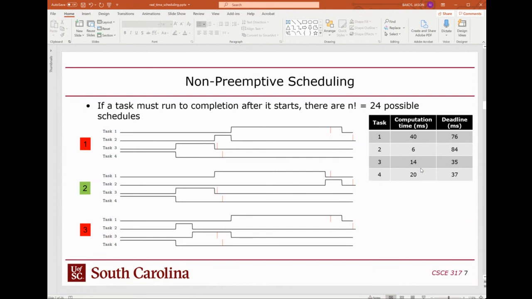There are 24 orderings that we can run them in, and you can view these schedules as a timing diagram, where each task looks like a signal. It's going to be 1 or 0, which represents whether it's executing or if it's just ready.